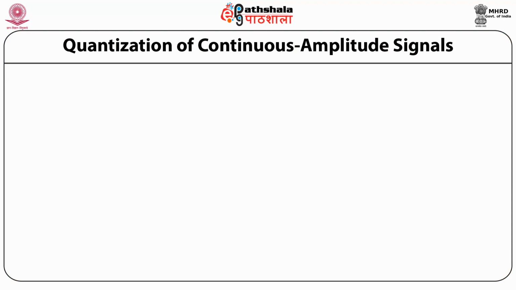So it is important that the number of quantization regions is a power of 2. In this example, 4 bits will be required to represent each of the 16 possible values in the signal's amplitude. So let us now first study the quantization of continuous amplitude signals.